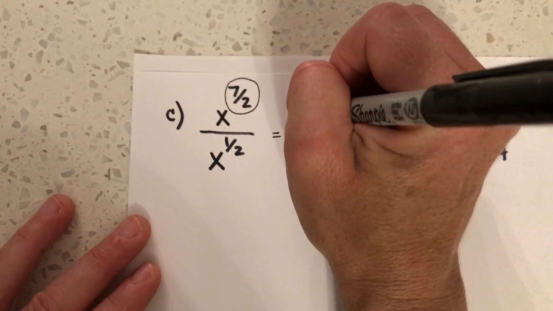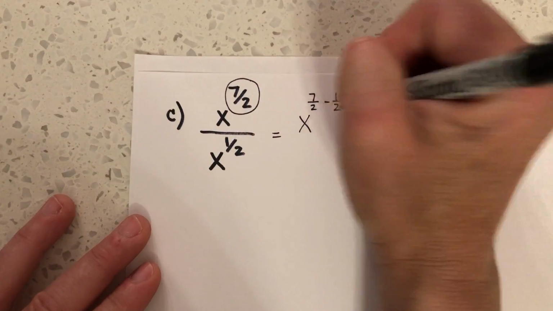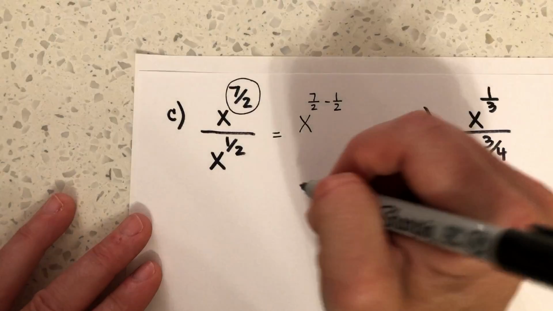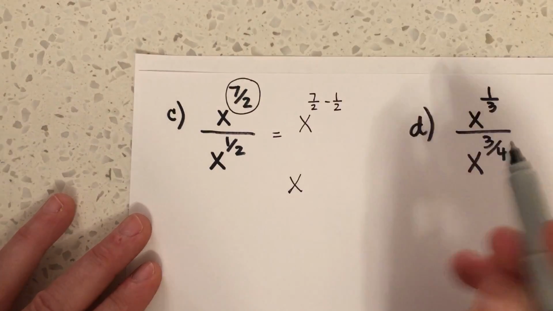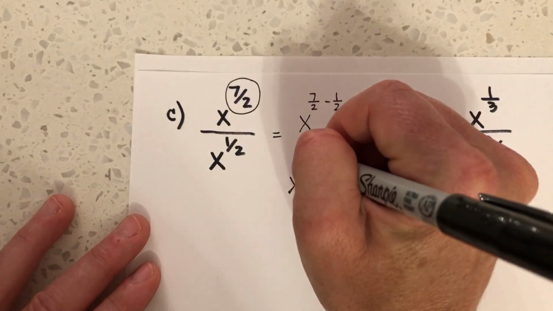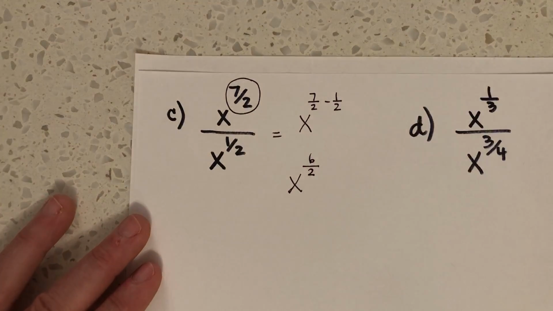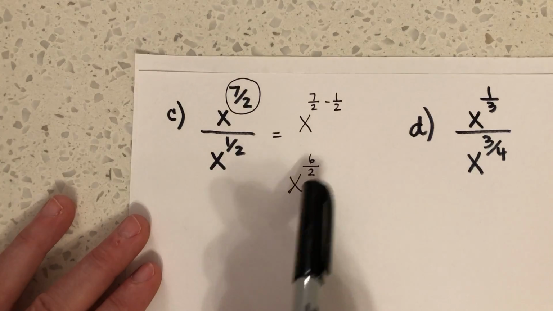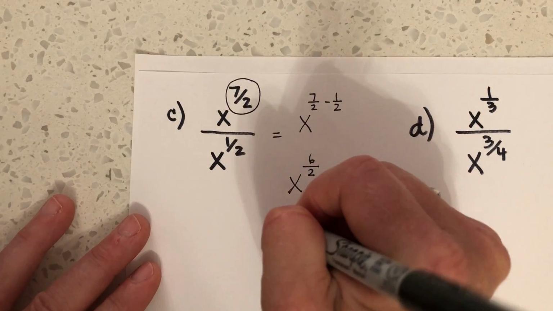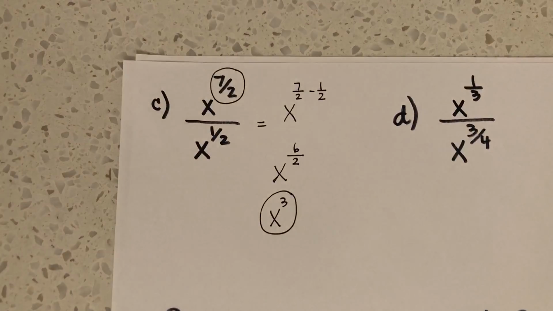So this is going to equal x to the 7 halves subtract 1 half, and we should be back on the top. Luckily we already have a common denominator, so 7 minus 1 is 6 over a common denominator of 2, and if it divides or reduces, you want to do that, and it does. 6 divided by 2 is 3. So x to the 3rd is your final answer, and we're back on the top still.